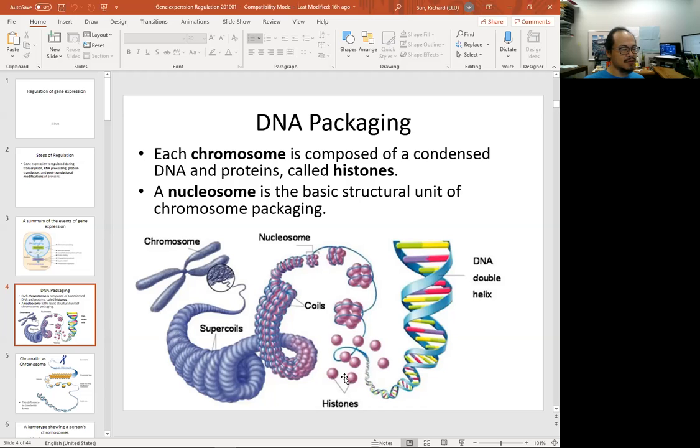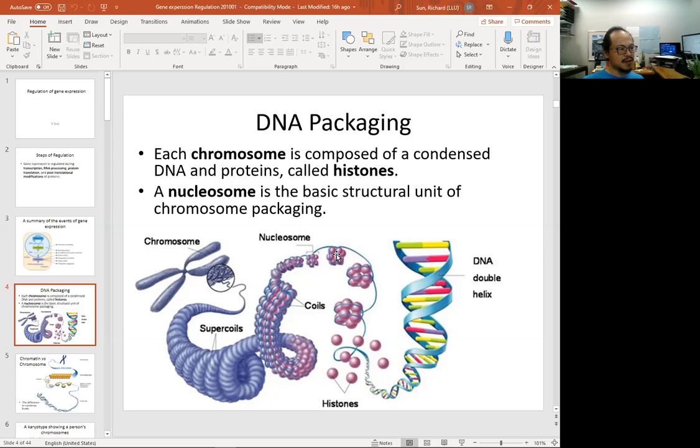So that's the histone. Typically, there are 8 histones working together to form an octamer. We will know that later. So 8 histones together and DNA will wrap around it. These little bits serve as the basic unit structure of the DNA packaging.